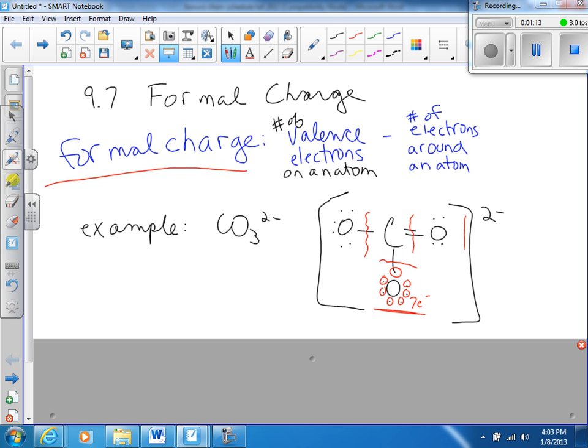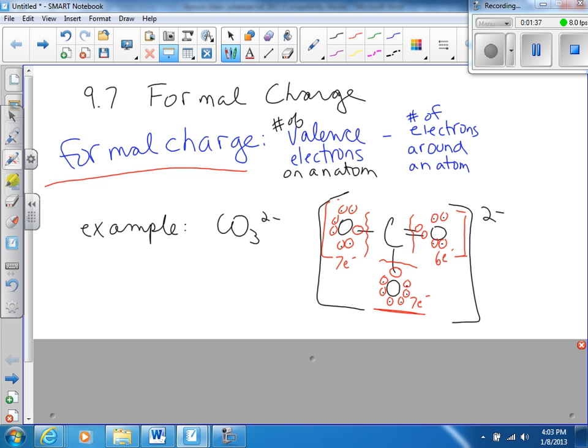This oxygen right over here would have 1, 2, 3, 4, 5, 6 electrons assigned to it. And this oxygen right over here would have 1, 2, 3, 4, 5, 6, 7 electrons assigned to it.